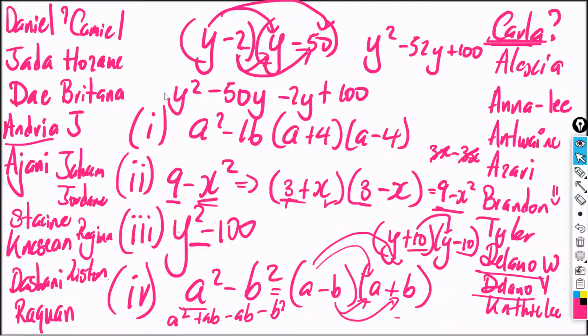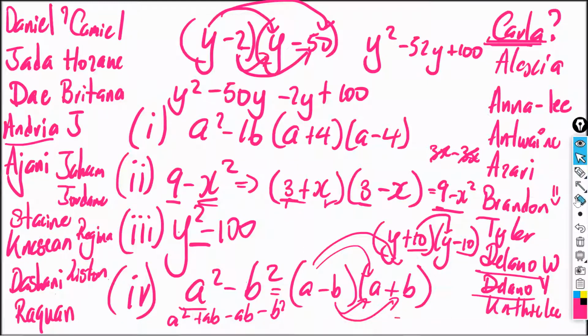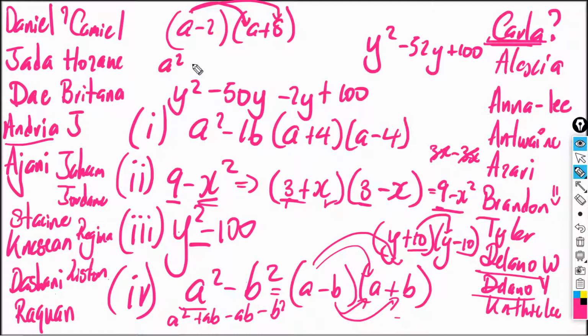That's the last thing we're gonna do before we go. It has to be 4 and 4, Jay, because if you had used 2 and minus 8, you're gonna end up with something in the middle. Let me just show you. A minus 2, A plus 8, right? A times A is A squared. A times 8 is plus 8A. Minus 2 times A is minus 2A.